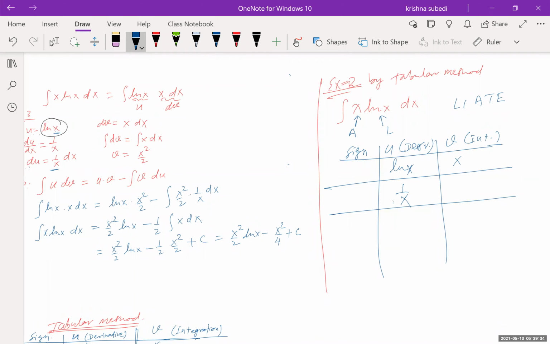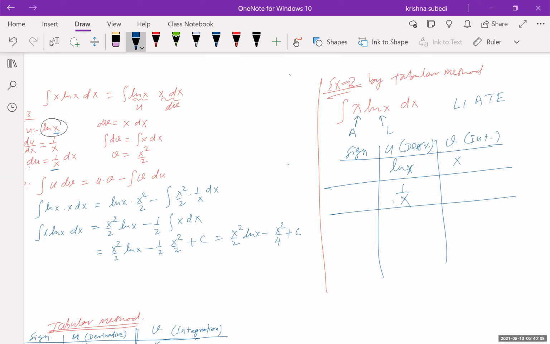One is when the function becomes 0 in the process of derivative. If that is not the case, then check whether the function type changes from one type to another. Here, logarithmic function changes into another type, algebraic. And sometimes the function will not change, but it will repeat by itself, the exact same function. In that case, you will stop there. We'll see one example later.